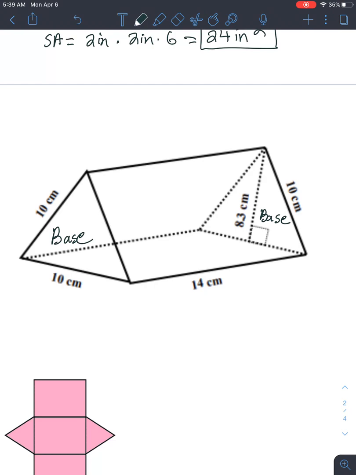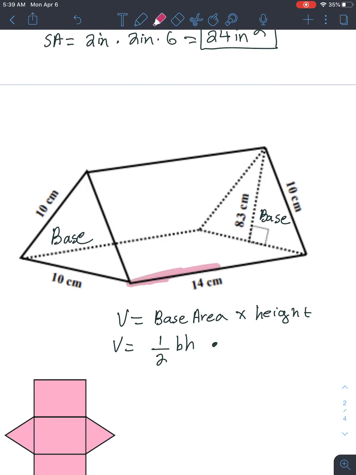We're going to do the same thing that we did earlier. Recall that volume equals base area times height. A triangle can be a little tricky because we tend to forget the area of a triangle: it's one half base times height, times the height of the whole prism, which we already know is 14 centimeters.